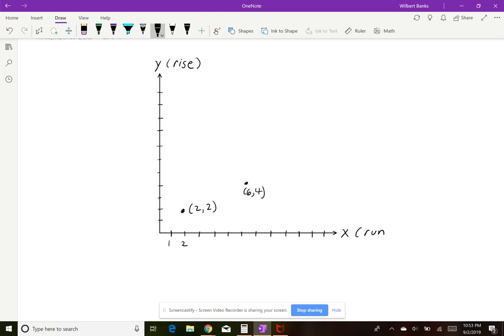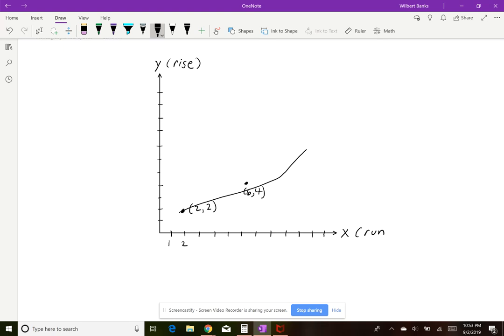Now, in math, what you should understand is that if you have these two points, I can connect these two points to one another so I can figure out a couple of things about it.